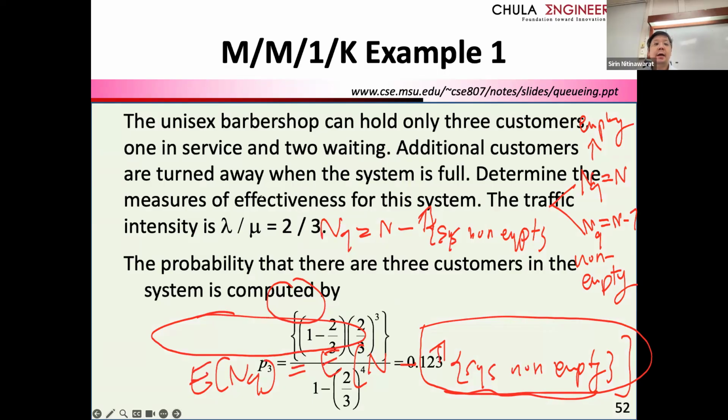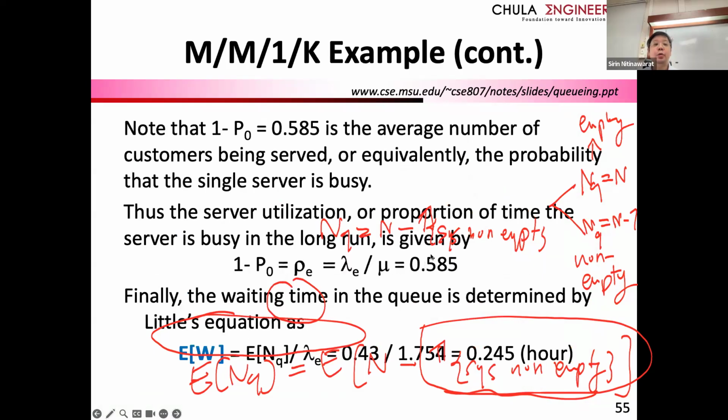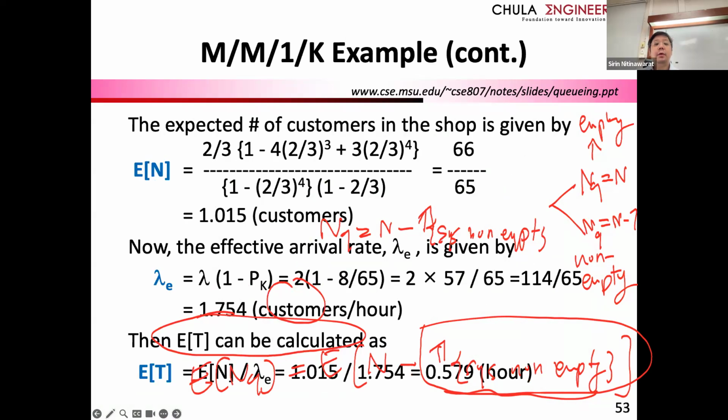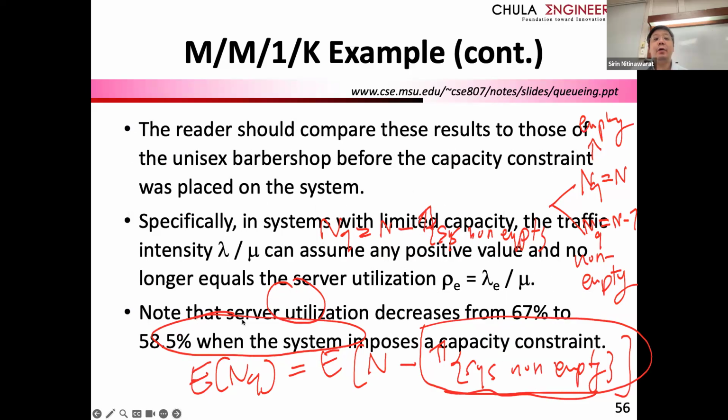But because of the capacity of the system, we need to discount the incoming rate of 2 to 1.75, okay?